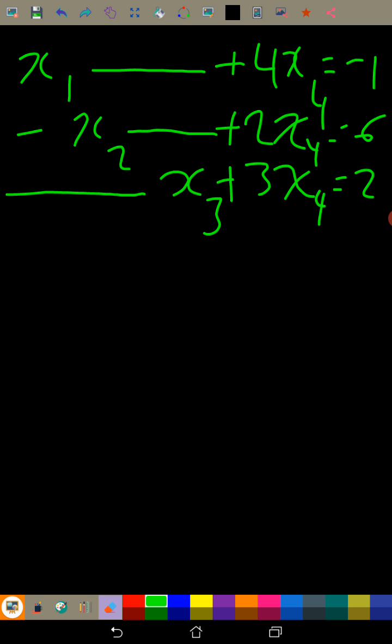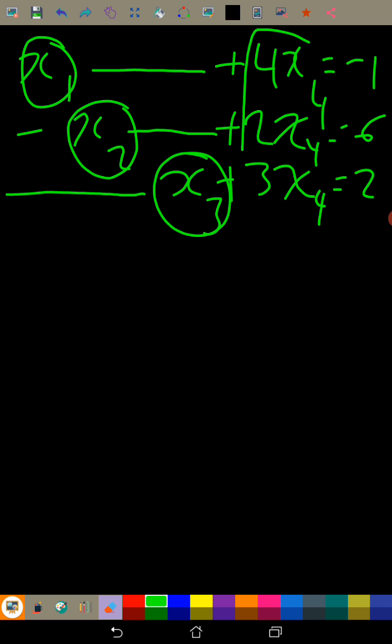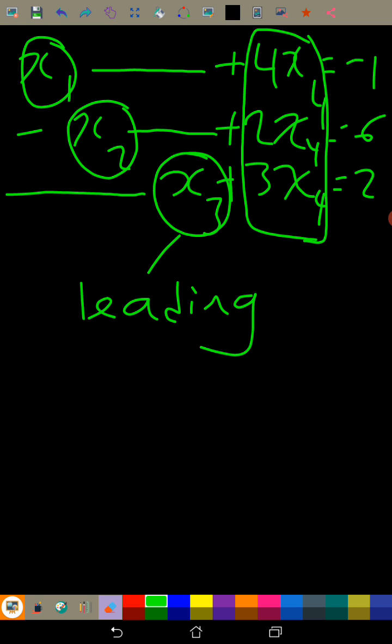So this is a leading variable here, and this is a leading variable here, and this is a leading variable here. This variable is present in all three equations. We call it the leading variable because it's not present in the others.